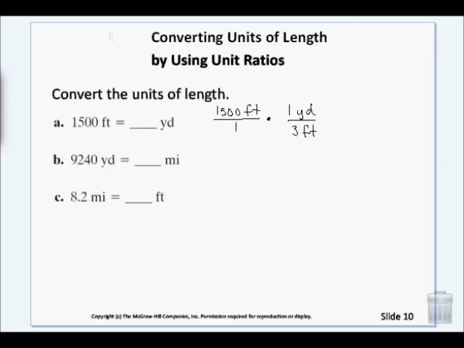The reason we do this is because feet cancel. And then if you want, you can multiply straight across and then reduce. Or 3 goes into 1,500 500 times, and then multiply. So I get 500 yards.